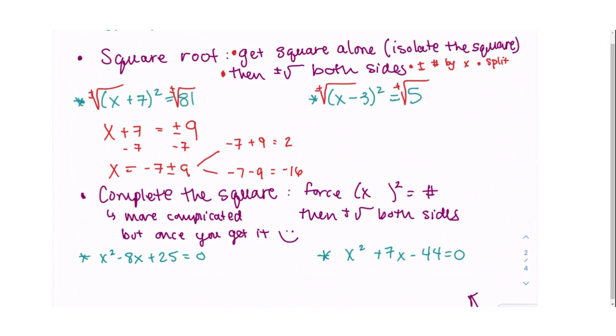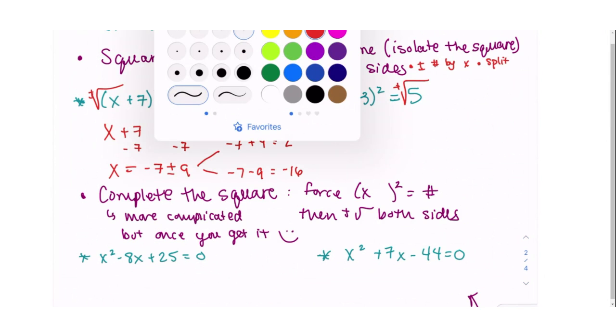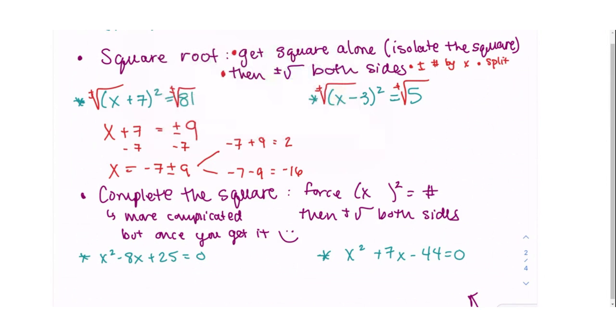But then you're going to get stuff like this one that we're going to work on right now. I can see for sure that I'd be left with, and I'm going to use a different color because it's important to know that it's something different, x minus 3 is equal to, now there is no pretty square root of 5, so we just leave it as positive or negative square root of 5. Then the next step says to add or subtract the number by the x, so I will add 3.